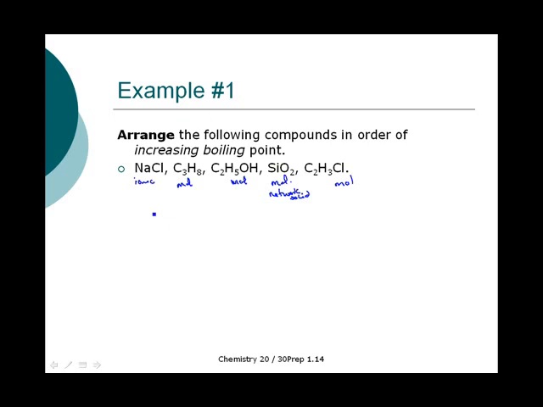Once we have identified those, we know that sodium chloride is going to have a high boiling point, and silicon dioxide is also going to have a high boiling point because it's a network solid. This is, remember, all covalent bonds joining molecules.